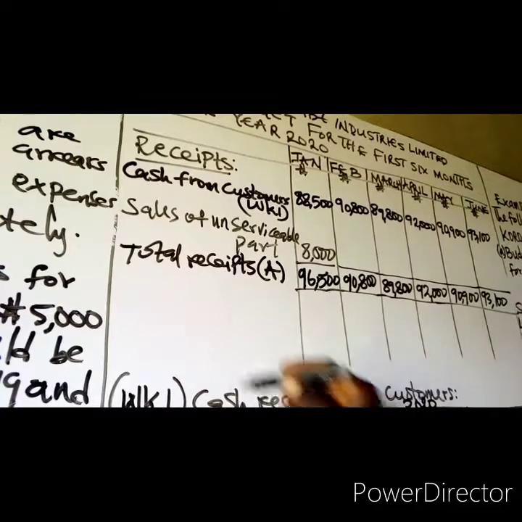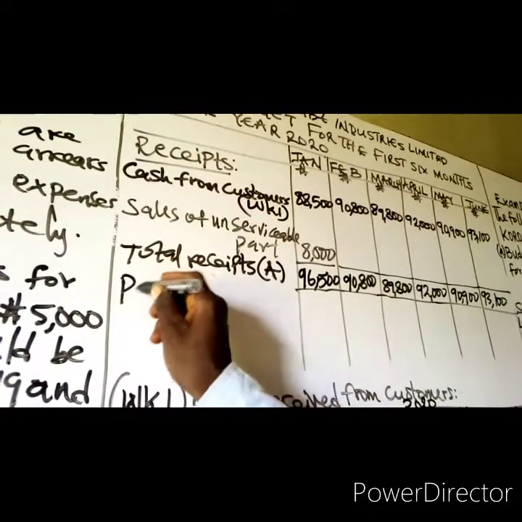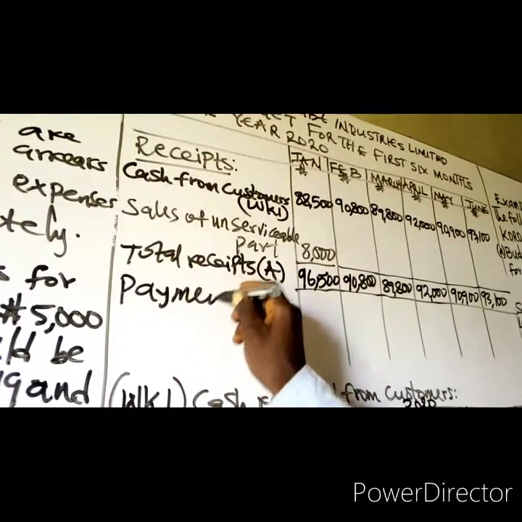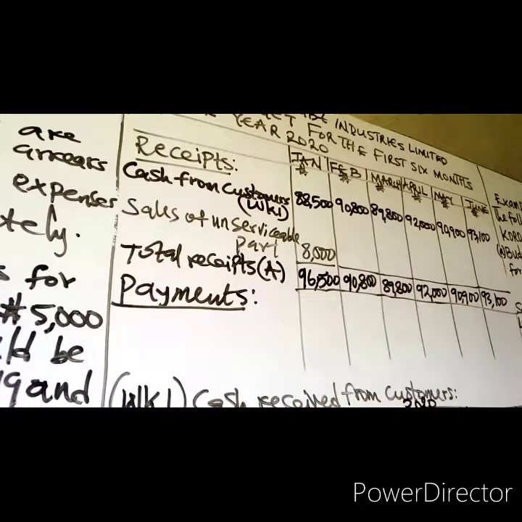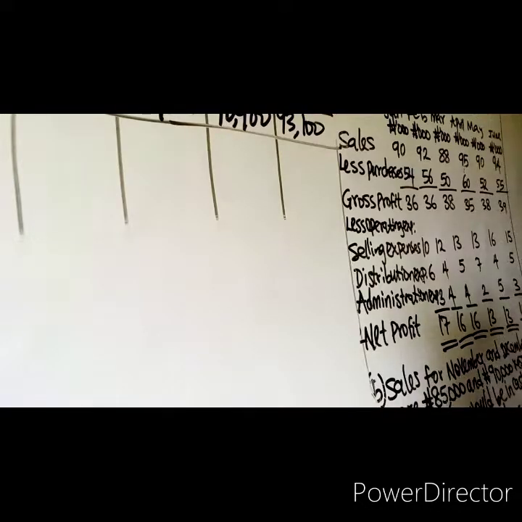After receipts, the next thing is payments. So you are going to deal with the items of payments. So we also have less purchases: 54,000, 56,000, 50,000, 60,000, 52,000 and 55,000.